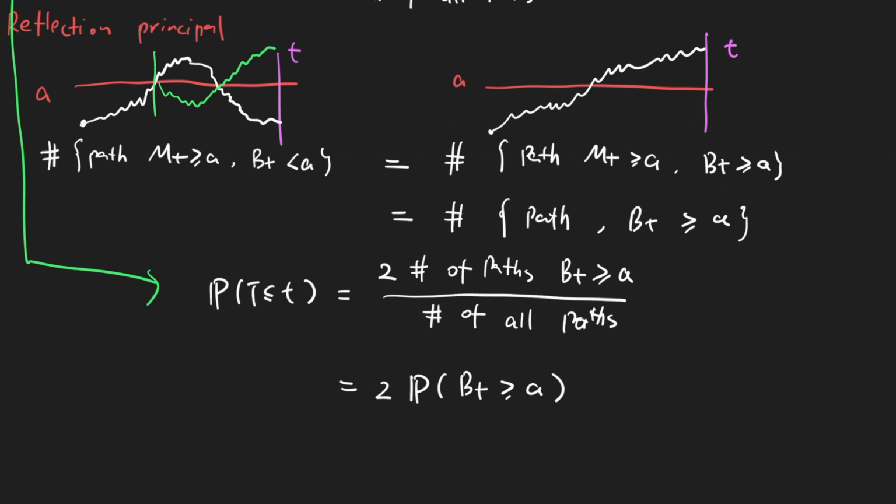And we have a formula for this probability because the distribution is Brownian motion. So this just equals the CDF of the Gaussian distribution. So that is given by 2 times 1 minus the Gaussian CDF of 1 over the square root of t.